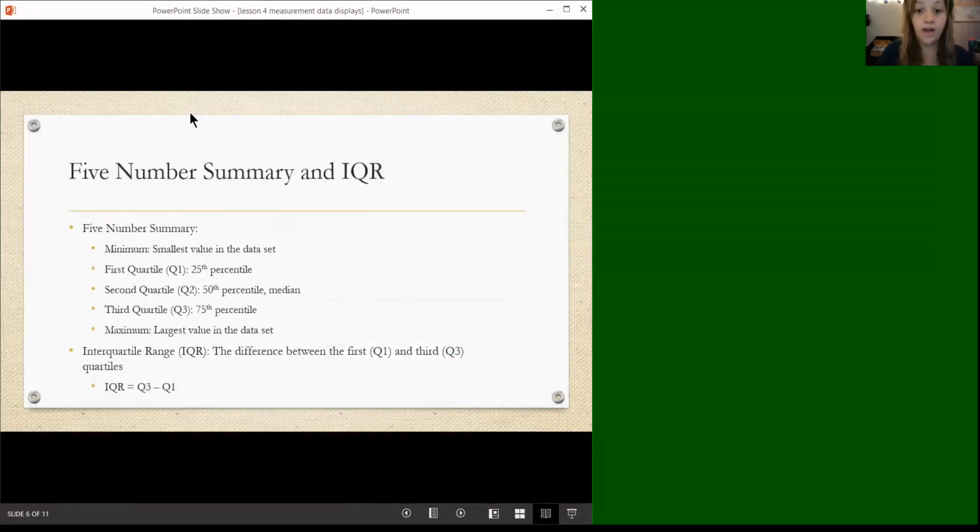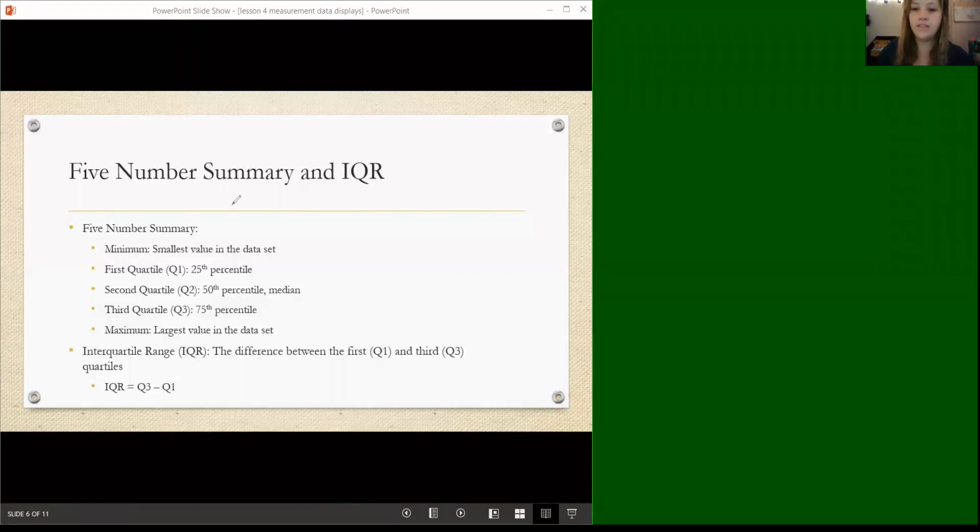Okay, so the 5-number summary. This is basically how we are able to summarize our data in a way that makes sense. And you can easily see the 5-number summary on a box plot. That's why these are important. So if we draw out a box plot here, I'm just going to label the different parts. So we have our minimum down here.